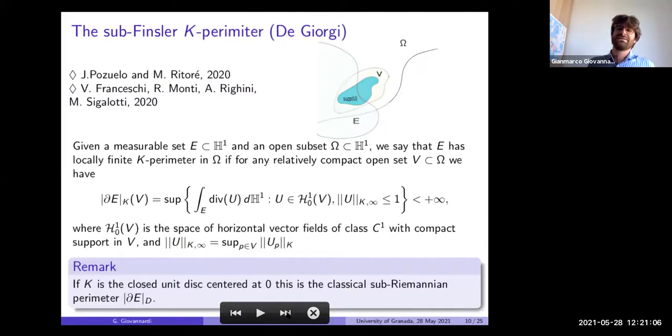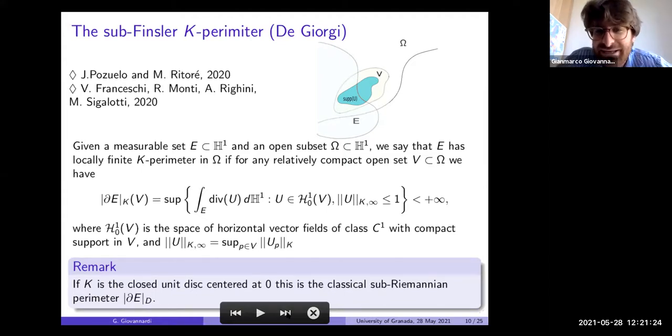Okay, so this is the ambient space. How can we define the perimeter in this ambient space? This was done by Pozuelo and Ritoré in 2020, and by Franceschi, Monti, Righini, Sigalotti.